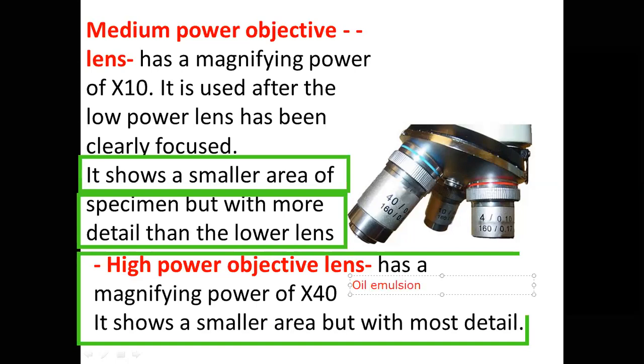Because we normally, after we mount our specimen, which we will mention, we always add a drop of oil we call oil emulsion, so that it can concentrate light more. And unless you use oil emulsion, we may not see a lot of details. You may not see the specimen clearly.